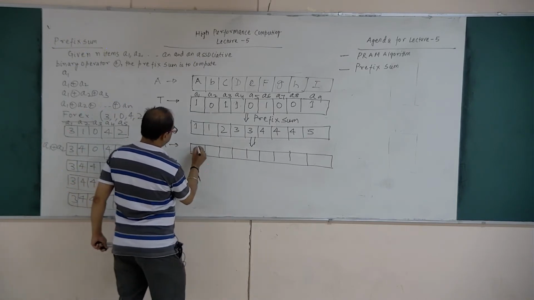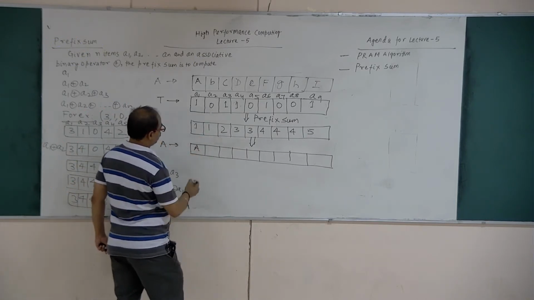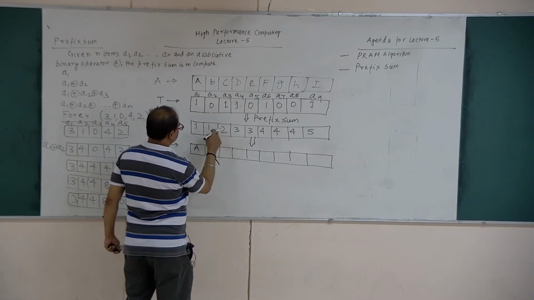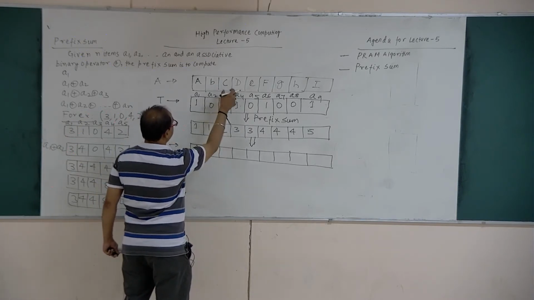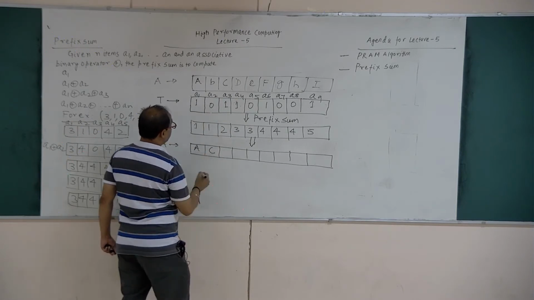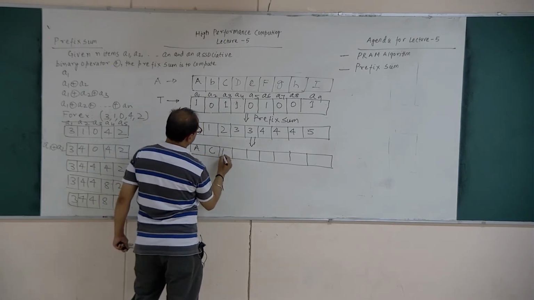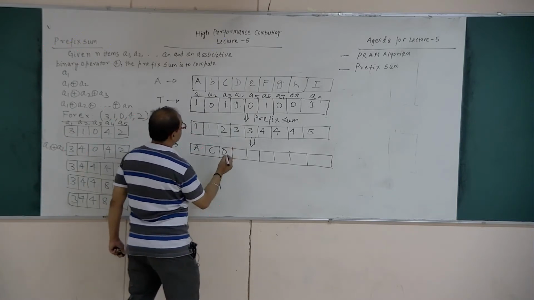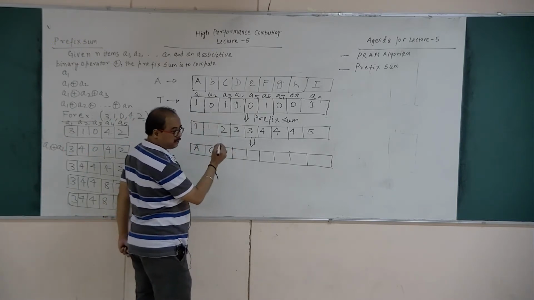Here I would put A, and the second location will be used to store another capital case letter, that is C, and the third location will be used to store another capital case letter, D, and so on and so forth.